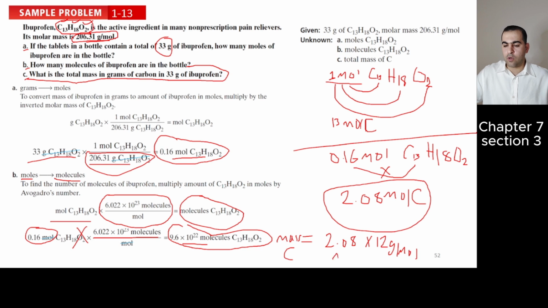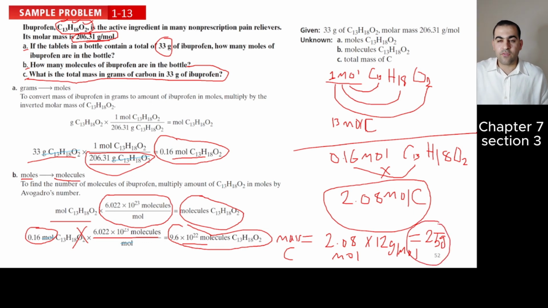The mass of carbon in 0.16 mole of ibuprofen equals about 25 grams. That's it. This is how we find the mass in grams of any element in a compound.